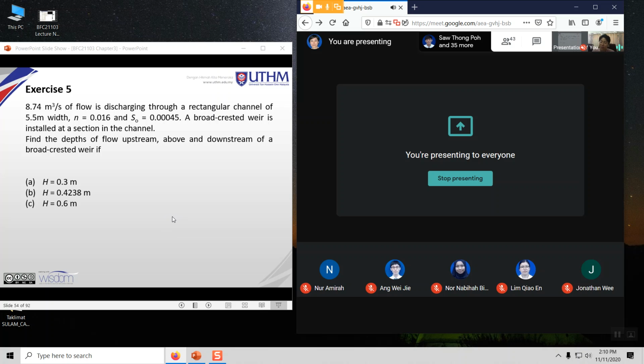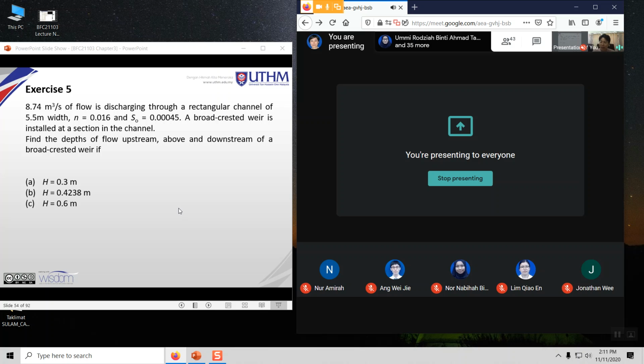So this exercise 5 is a problem of a rectangular channel with flow of 8.74 cusecs, and the width is 5.5 meter.